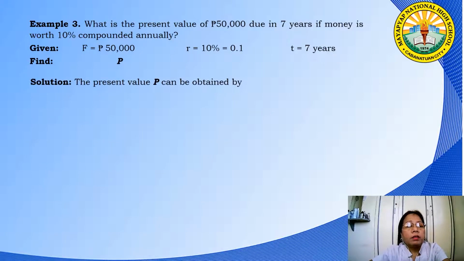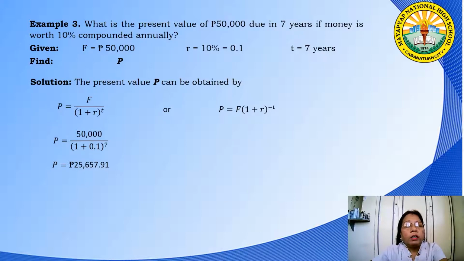Then, the present value P can be obtained by the formula derived from the formula of future value. So P equals F over quantity 1 plus R raised to T. By substituting the values, F is 50,000 divided by 1 plus 0.1 raised to 7. So the present value is 25,657.91.